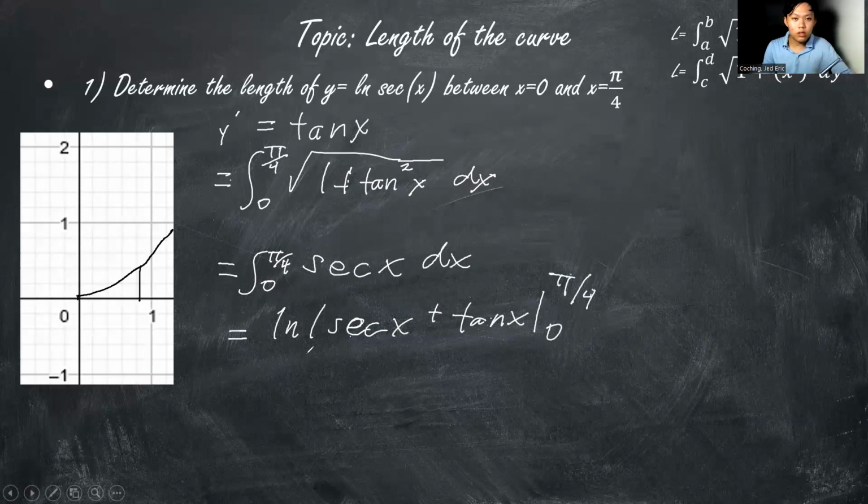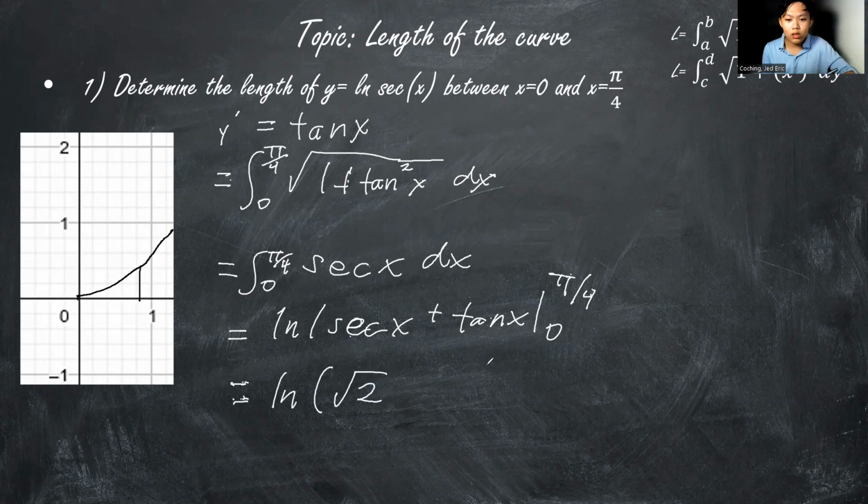So that's going to be ln square root 2, as secant of pi divided by 4 is equal to square root of 2, and tan is going to become plus 1, plus c.